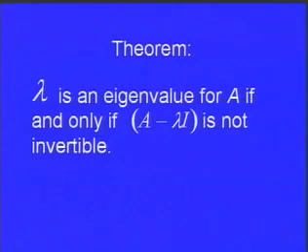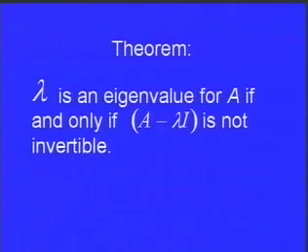There's a theorem next that says lambda is an eigenvalue for A if and only if, and remember, if and only if means one implies the other and the other implies the first. So I'll go over this in just a second a little bit more thoroughly. But it's kind of that double arrow, one implies the other. If and only if A minus lambda I is not invertible.